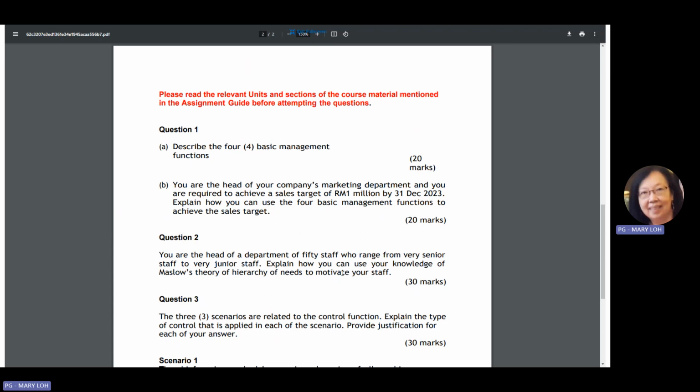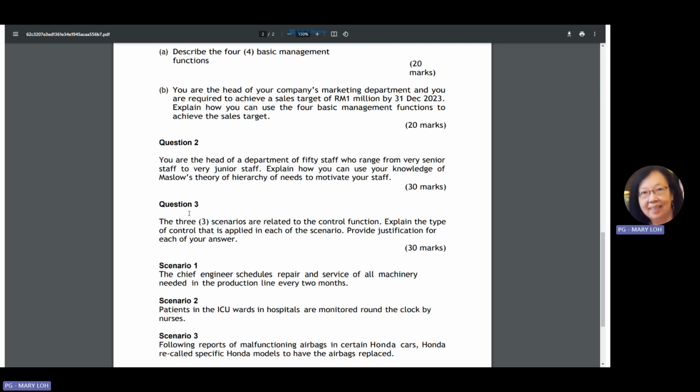So we move on to question 3. Question 3 is looking at 3 different scenarios. Now you have 3 different scenarios relating to control function. And you have to explain which type of control can be applied for each scenario.